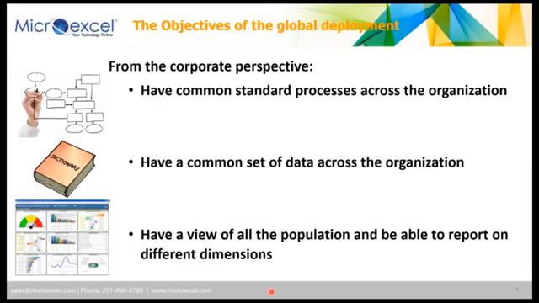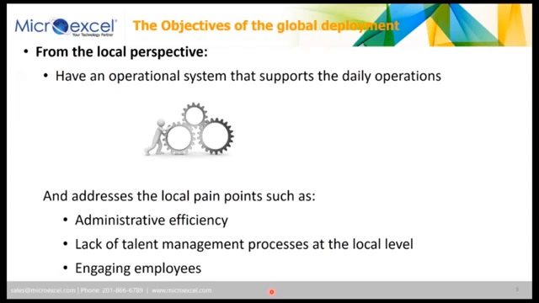Let's say, for example, I want to know the turnover across my salespeople on the whole organization, or I want to see it only in one part of the world, or in a different family or different levels of the organization. So this is something that we have to be very clear about from the beginning and have clear definitions. That's really from the global deployment perspective. From the local perspective, we really have to have an operational system. HR people don't want to have just an additional system that they need to maintain.